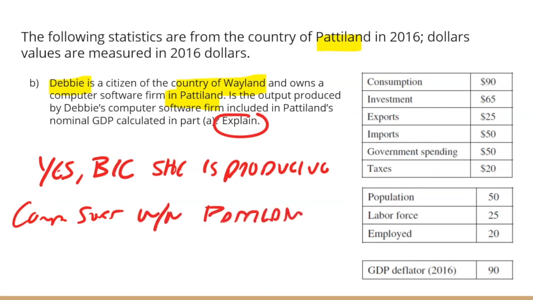So even though Debbie is a citizen of Wayland, because her firm is within Paddyland's borders, everything that her computer company produces is going to count towards Paddyland's GDP.